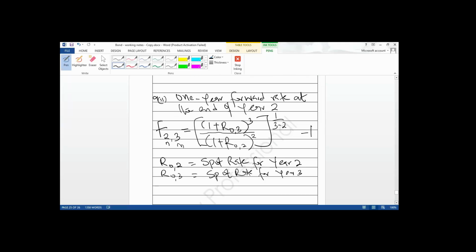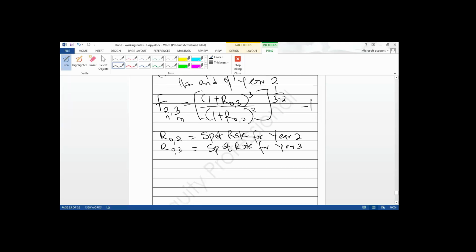Now, we require spot rates for year 1, year 2, year 3. How do we calculate spot rates?